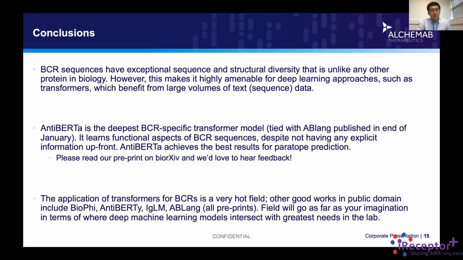AntiBERTa is one of the many transformers that are now in the public domain, and it's tied with another as the deepest BCR-specific transformer model. We showed how it learns functional aspects of the BCR, whether that's B-cell provenance or paratope positions, et cetera. Especially important is that it can do this without necessarily having some of these things known up front.